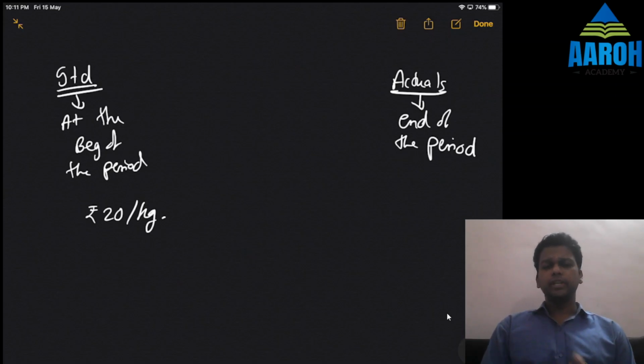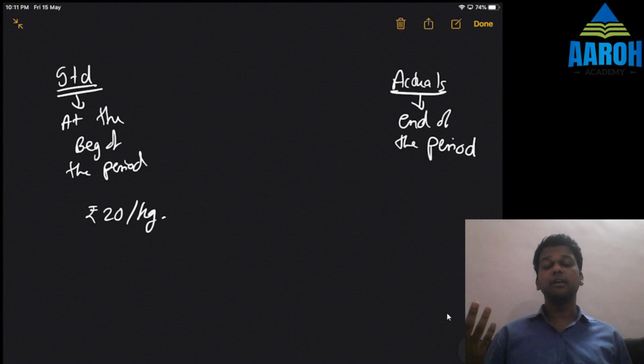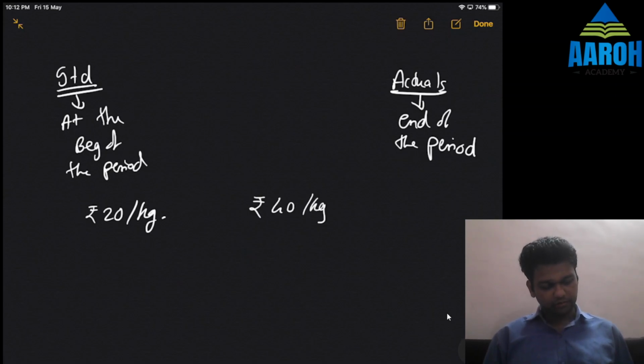Then during the year, because of some unforeseen events like some strike or some shortage of raw material, price of the raw material increased by, let's say, 100%, and it became 40 rupees per kg.